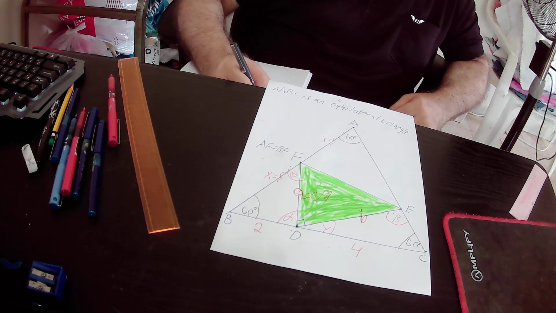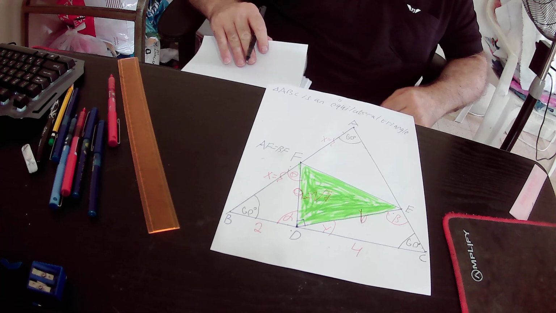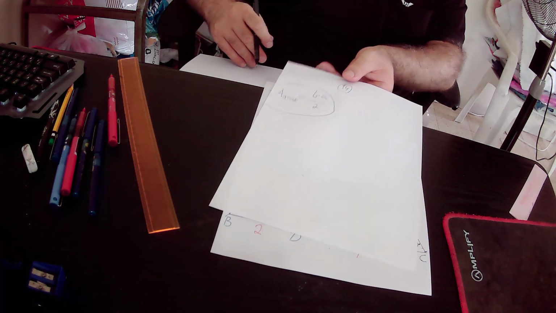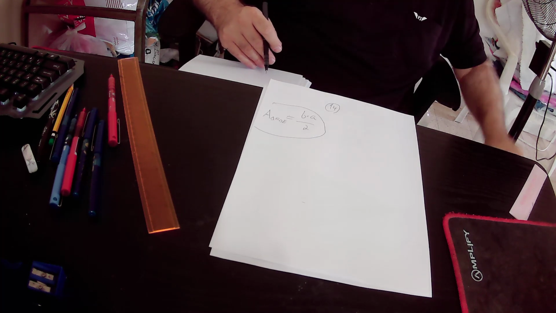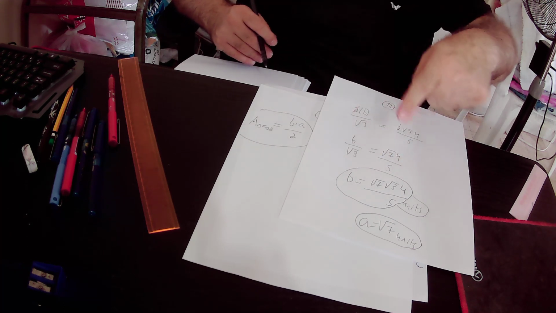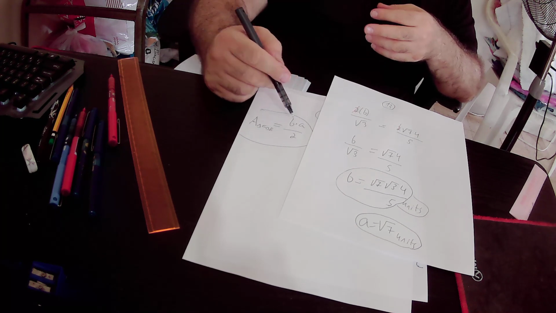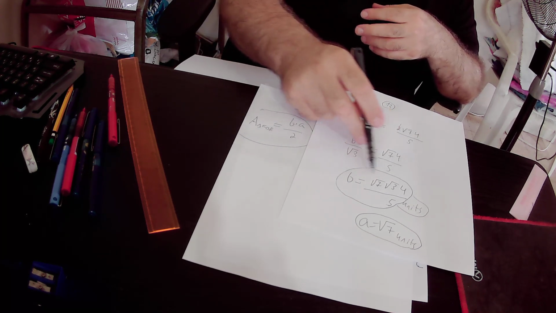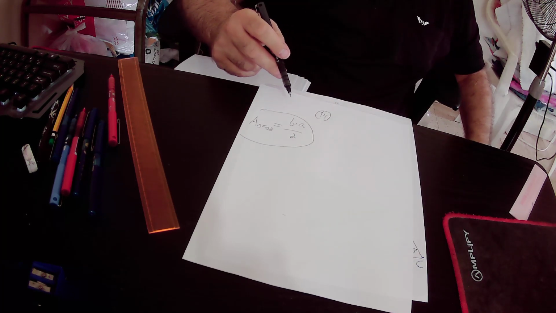The area of the green triangle FDE equals a times b over 2. Again, the area of the green triangle FDE equals b times a over 2, and we have already found the values of a and b, so the only thing left is to substitute a by root 7 and b by this expression. We divide the multiplication of b and a by 2, and we will find the area of the green triangle FDE.